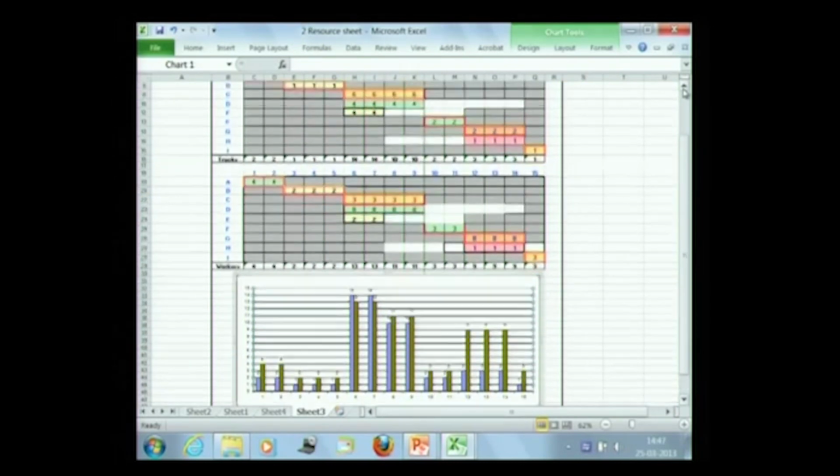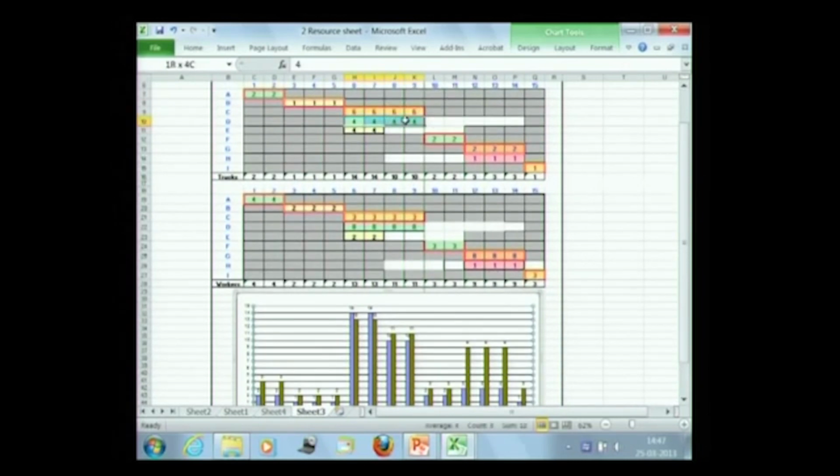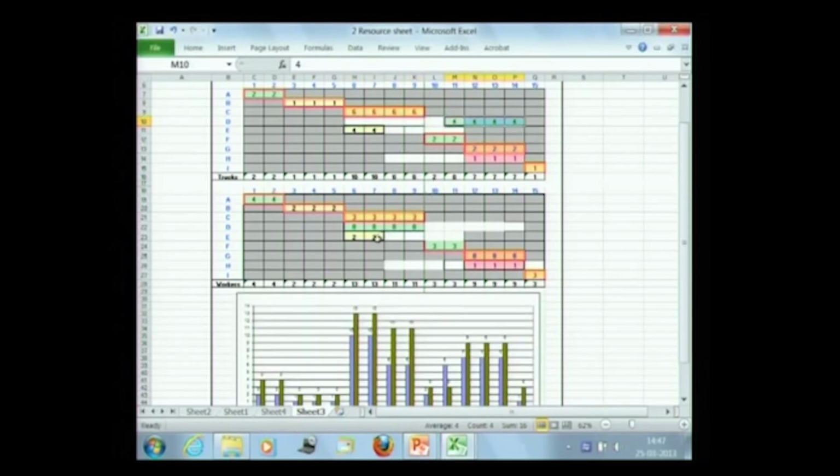Now my first reaction, at least as a simple approach, might be to go to the late start. If I just do that, I have to do this too.